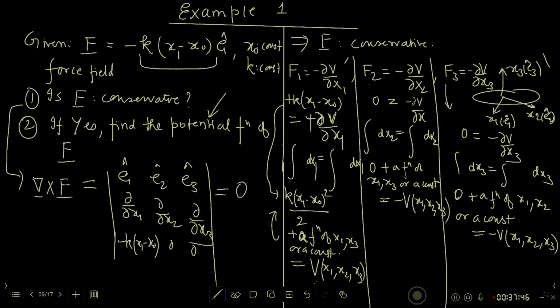Three types of information about v, and all of them are true. So to get to the final v, I have to look at all three and then decide what the form of v should be such that all three conditions are satisfied simultaneously.